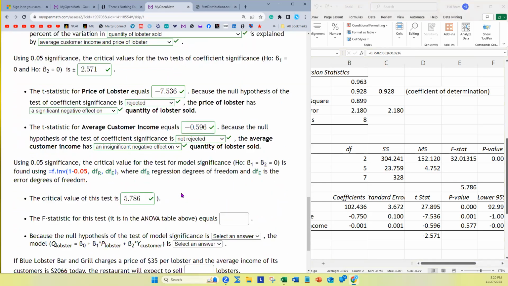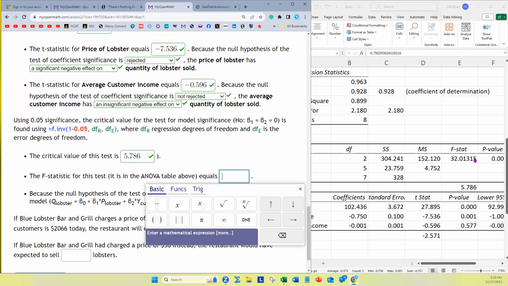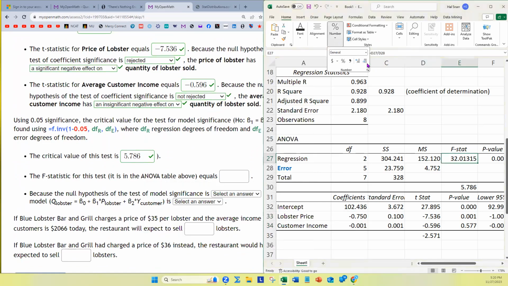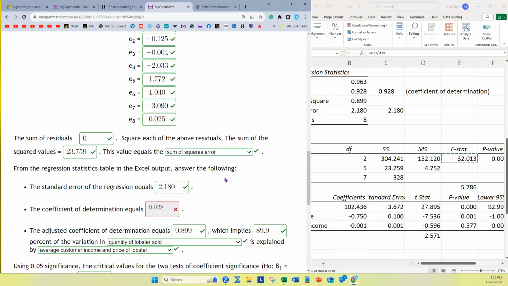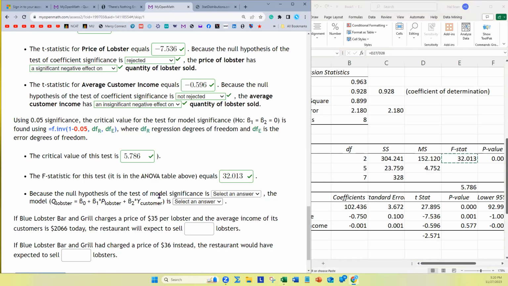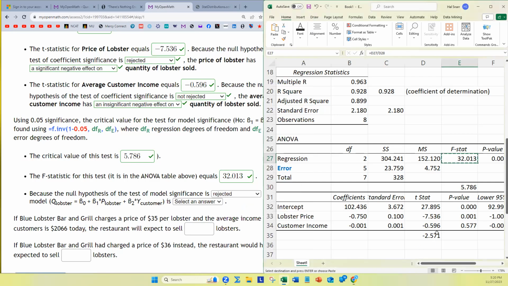The F statistic from the ANOVA table, mine, to 3 decimal places, is 32.013. My conclusion is that the null hypothesis of the test of model significance is, in my case, rejected, which makes sense because we rejected this being zero, right?